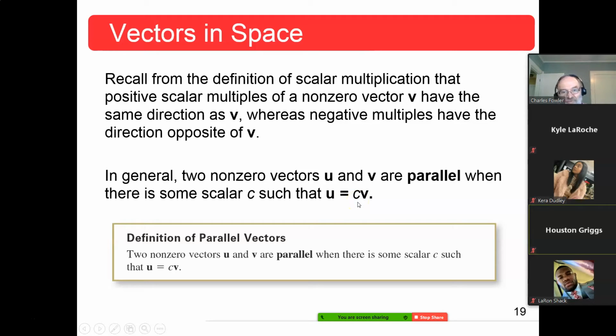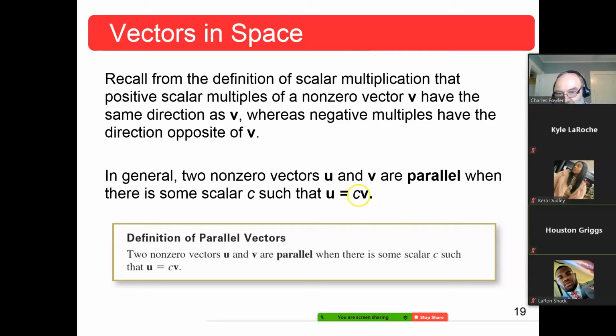It could be a fraction or a decimal, a whole number, a mixed number, rational, irrational. It doesn't matter. Any real number c. If the absolute value of c is less than 1, you've scaled it down. If it's greater than 1, you've scaled it up. If it's a positive c, you're in the same direction as v. Negative c, u is in the opposite direction of v.